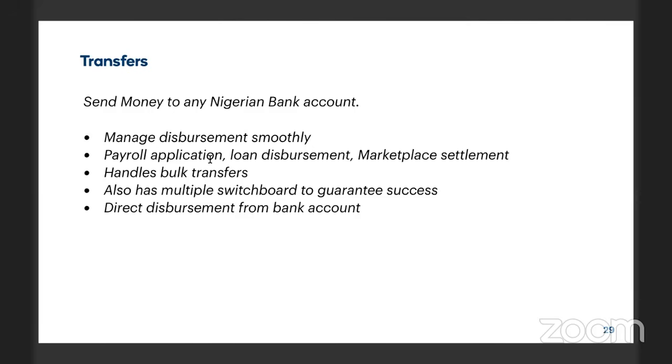And once there's money in your Paystack balance, all this goes through. This is a pointer to how Paystack is fundamentally thinking about making life easy for you as a developer, just making it easy for you to build, with simple one or two API calls that do really powerful things like disburse money to hundreds or thousands of bank accounts, right?